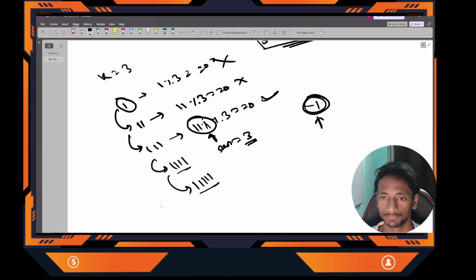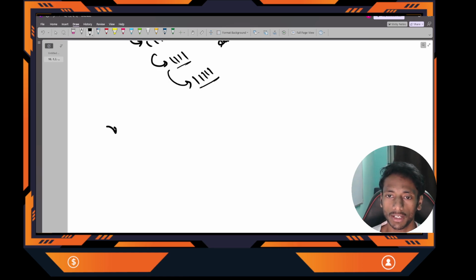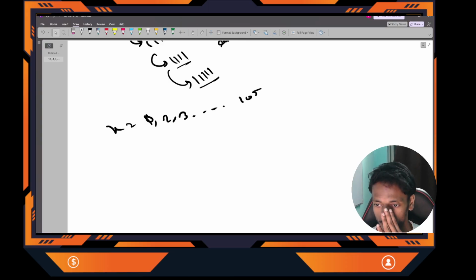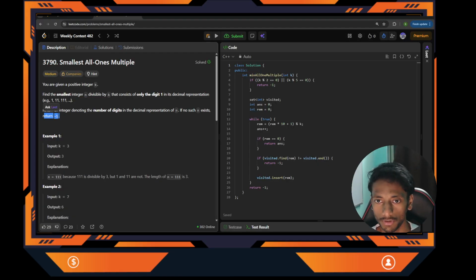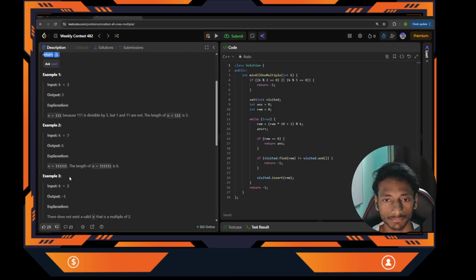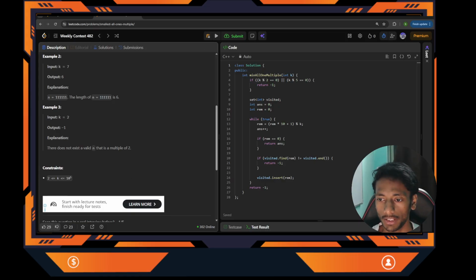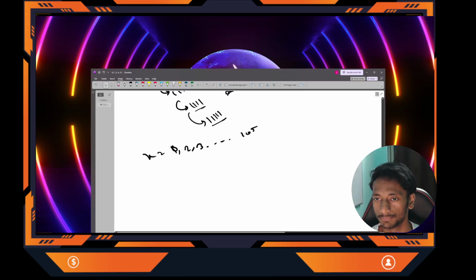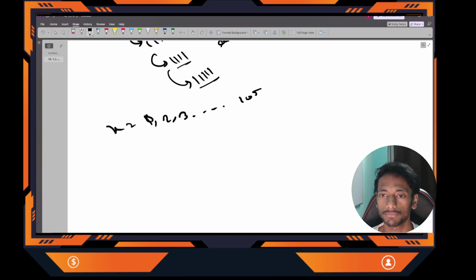So the k value can be from 2 to 10 to the power 5. It can start from 2.